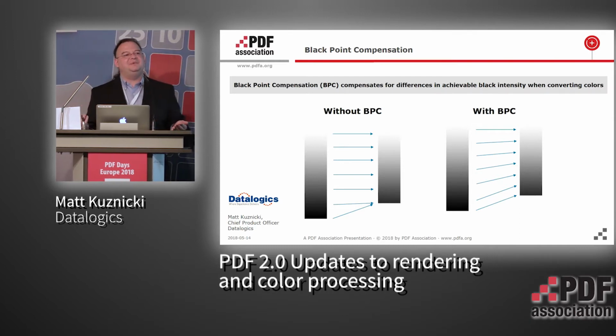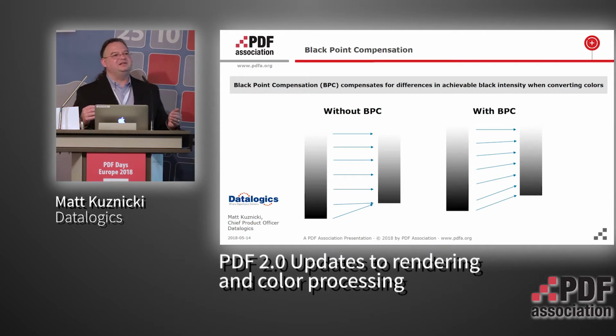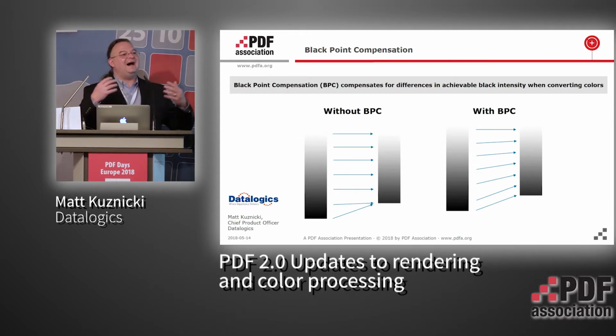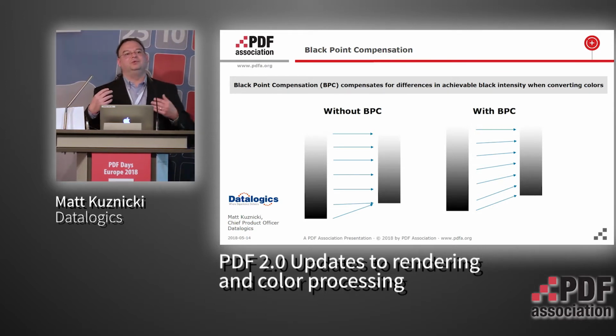What black point compensation does is allows algorithmically for a better mapping from these source color spaces that have more vivid black definitions to a more gradual or a more suitable destination set of black values, so that you don't end up with this sort of dive off a cliff where you lose details in your shadows and in your black regions.